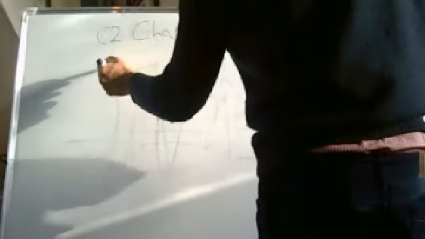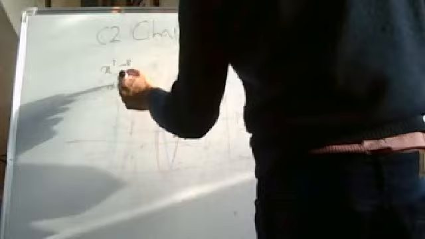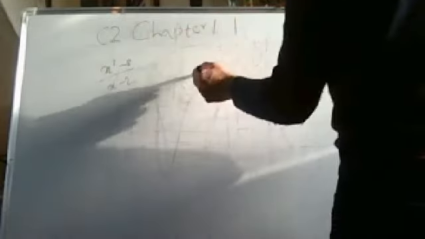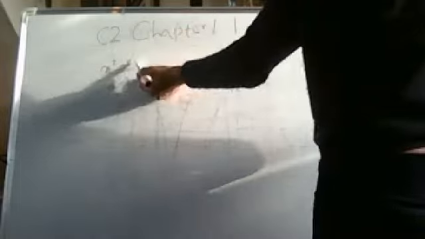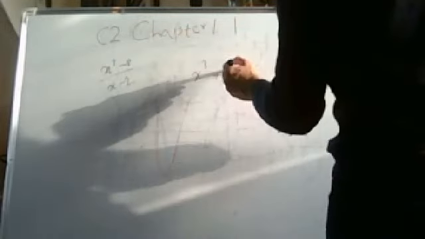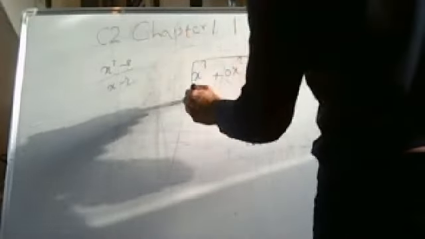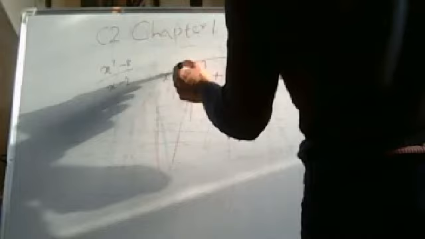So what I mean is, if you have x cubed minus 8 divided by x minus 2, you can see x cubed and then it goes straight to 8. So x squared is missing and x is missing, so basically the x term and the x squared term are 0. So this would be x cubed plus 0x squared plus 0x minus 8, all divided by x minus 2.